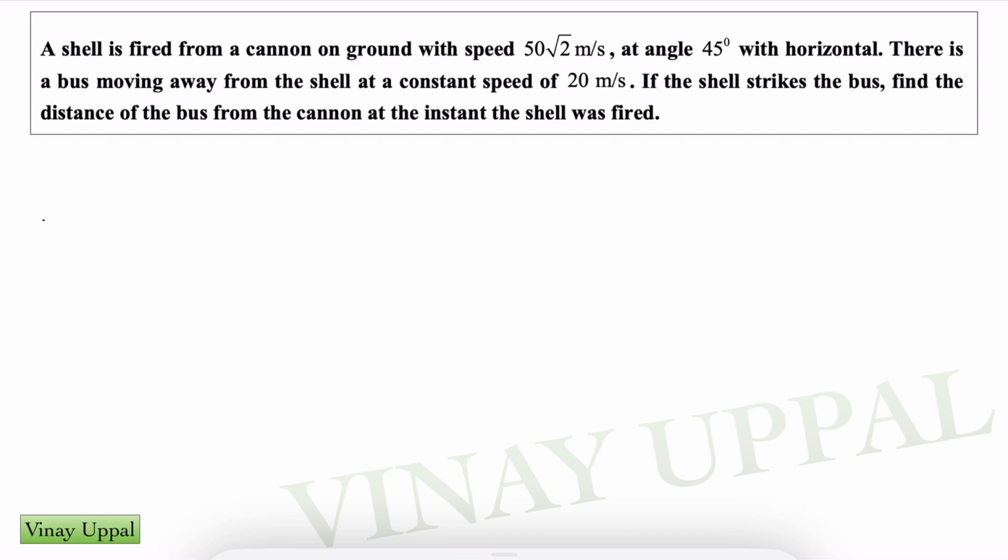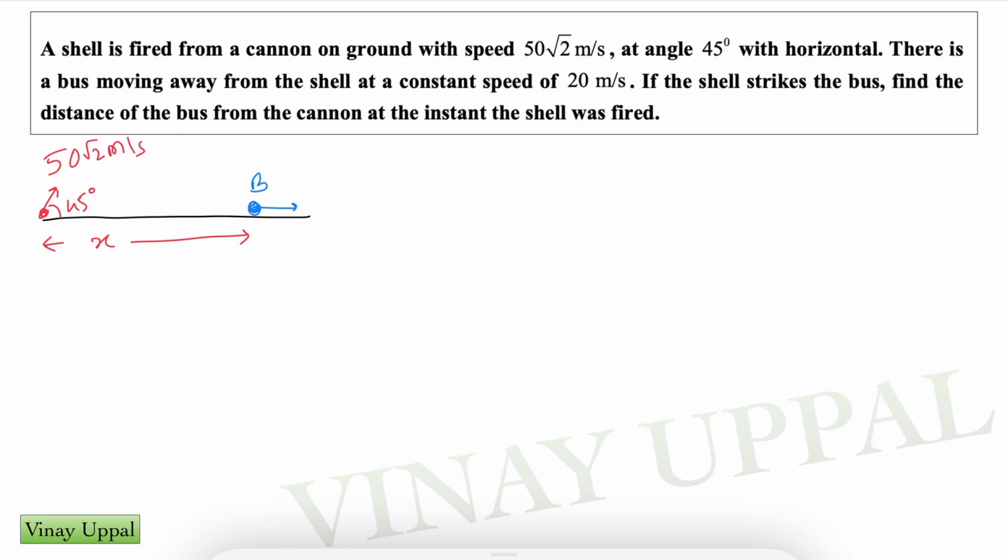Alright, so first thing, I'm going to draw a diagram. So I have a bus, let's say B, and I have a shell that is being fired at 45 degrees with a speed of 50 root 2 meter per second. And we want to find this distance x.